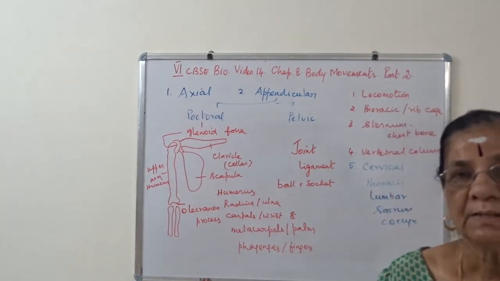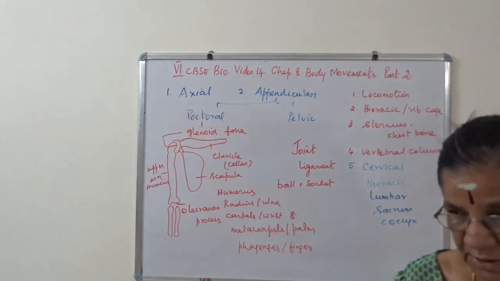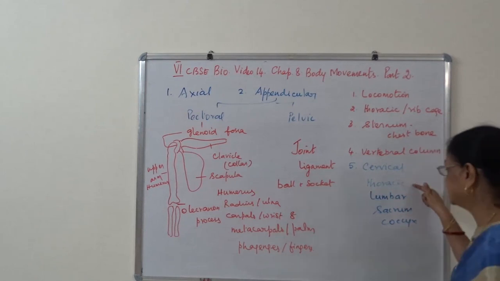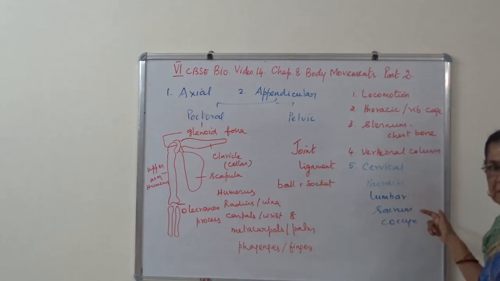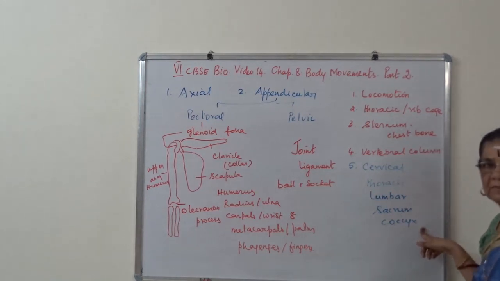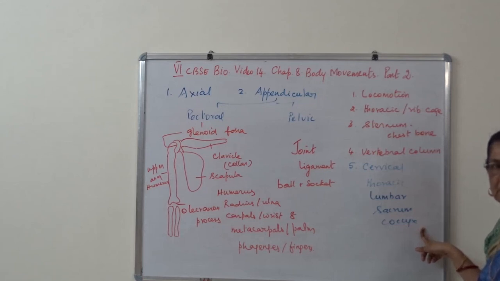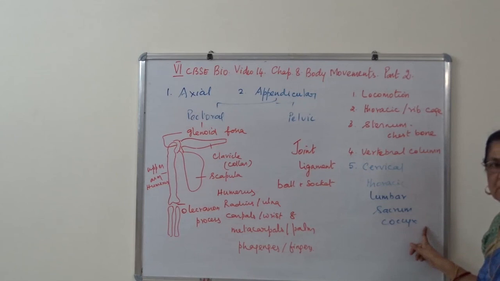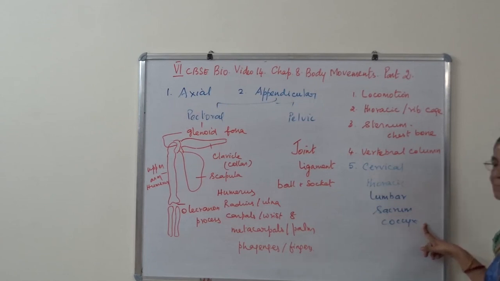Vertebral column, there are 33 vertebrae as cervical, thoracic, lumbar, sacrum and coccyx. I hope I am clear. 7, 12, 5, 1, 1. Even if asked in your sleep, you should know: 7, 12, 5, 1, 1. Actually sacrum is 5 and coccyx is 4, but they are fused together as single bones.